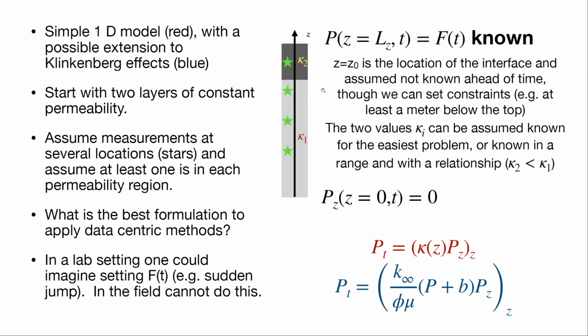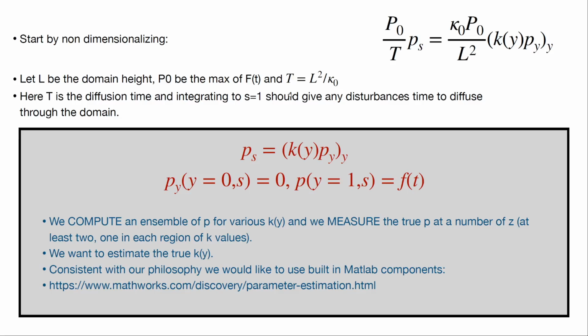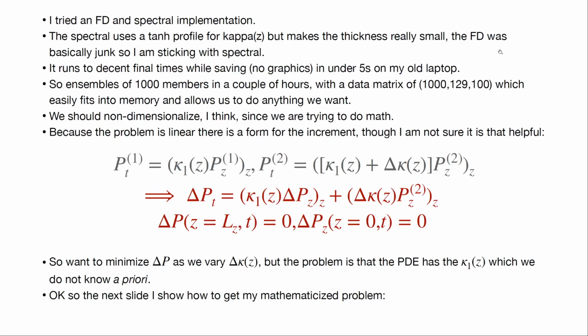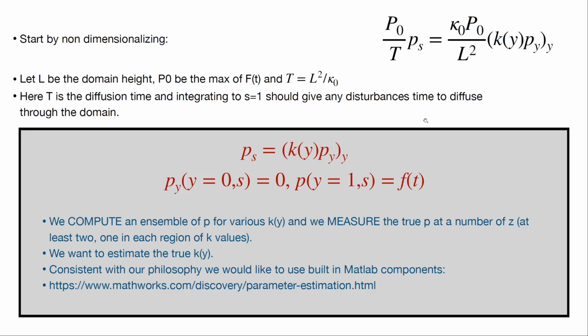And we're going to explore that parameter space and find which point in that parameter space, which delta kappa and which Z naught, correspond to pressure results that are most similar to measured pressure. Okay, so we're going to compute an ensemble of P for various kappa of Z, which is the distribution after you non-dimensionalize, right?